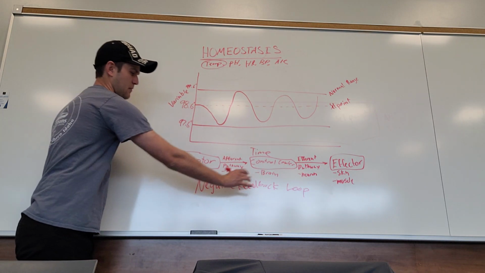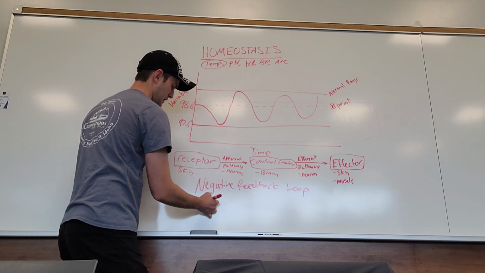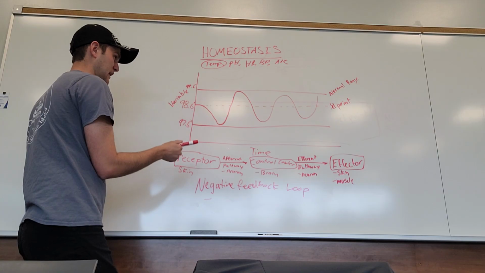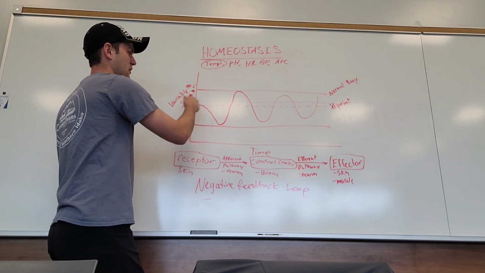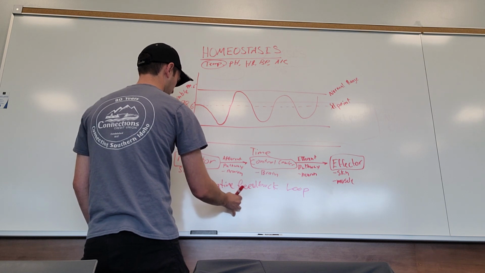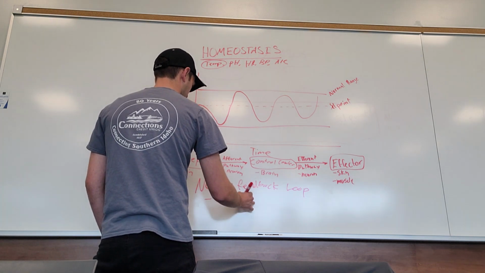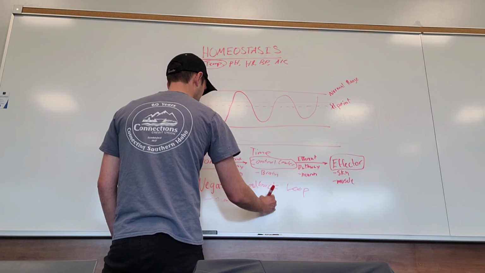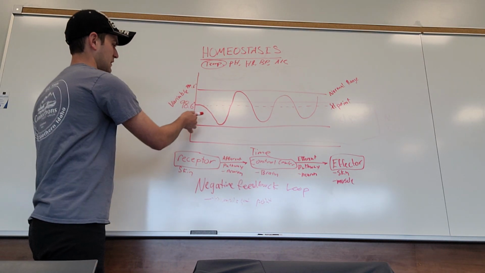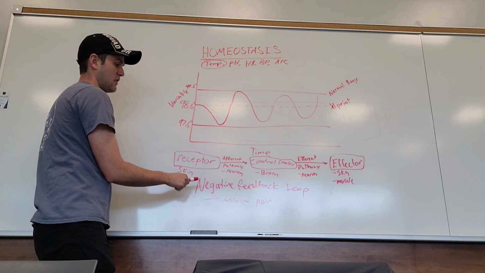So negative feedback loop, that's any time our effector is going to take it back towards set point, or take our variable back towards set point. So I'm going to put towards set point. Okay, or essentially it's going to be the opposite of this initial change. So that's going to be our negative feedback loop.